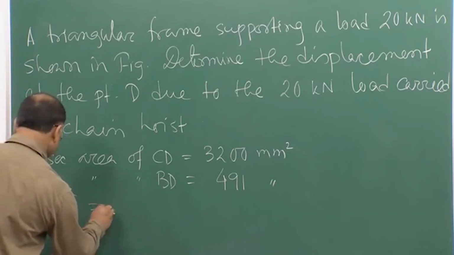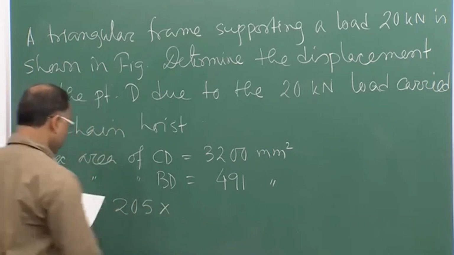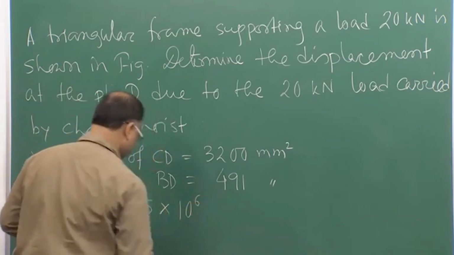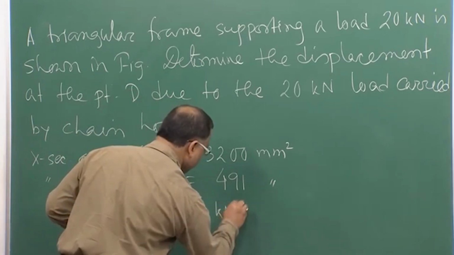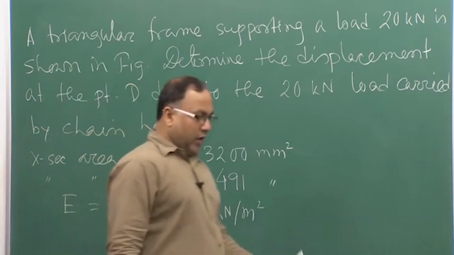So, E is given as 205 into 10 to the power 6 kilonewton per meter square.